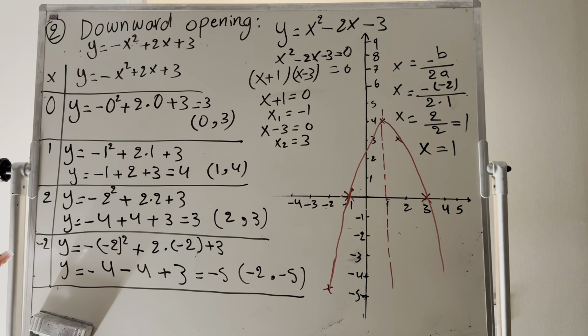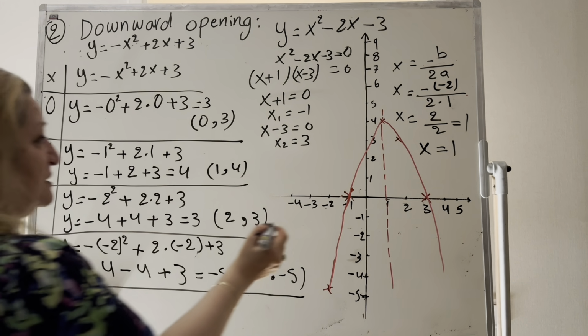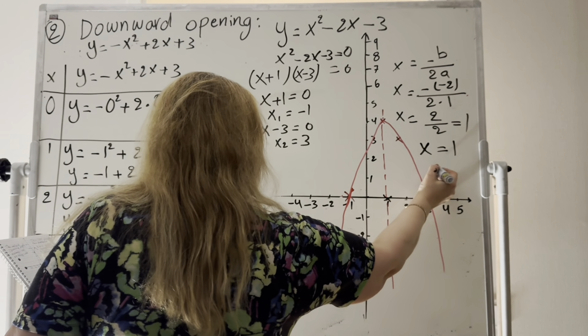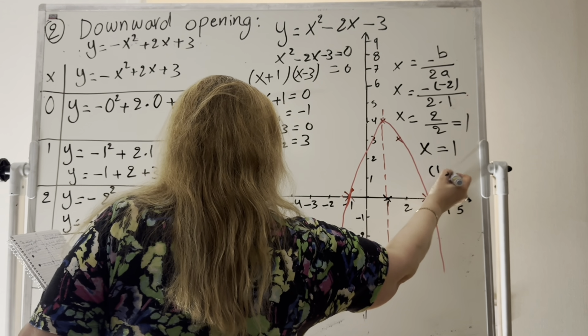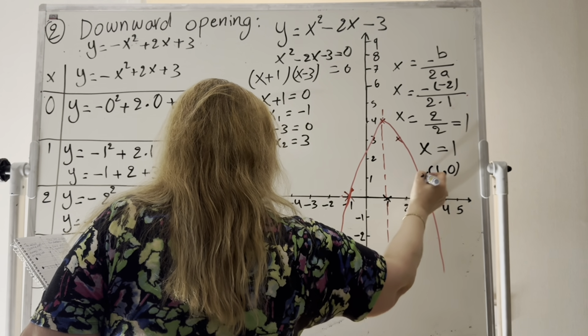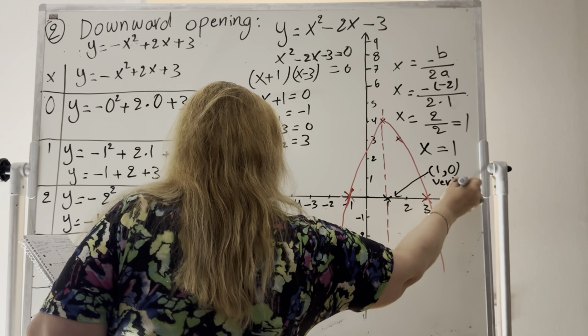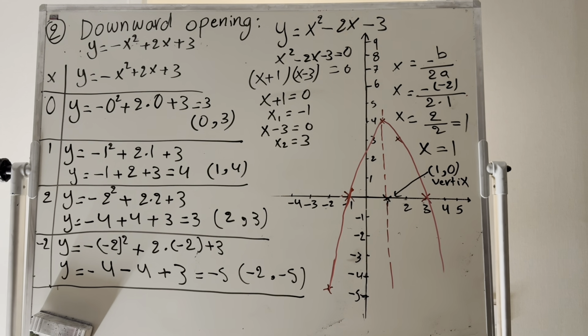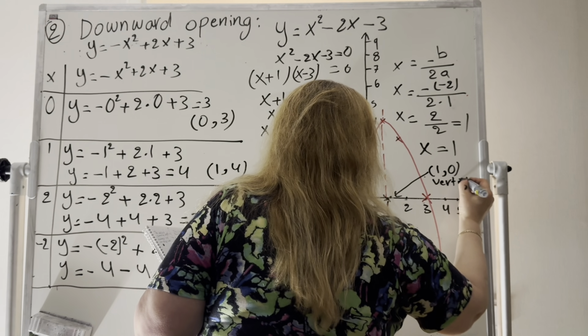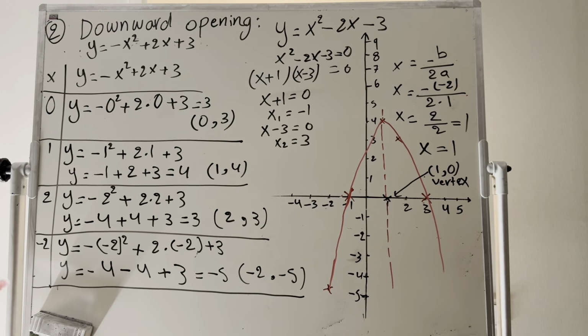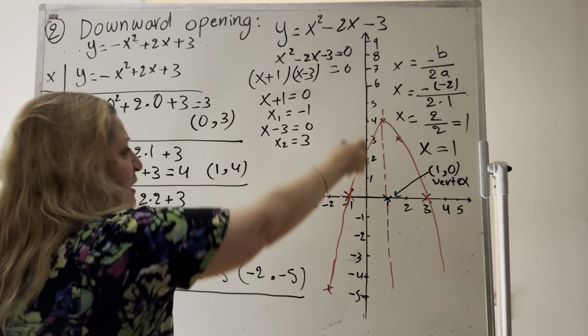This line divides the parabola into two perfectly symmetrical halves, and the vertex is here, when x equals 1 and y equals 4. The vertex is the turning point, and it always lies on the symmetry line.